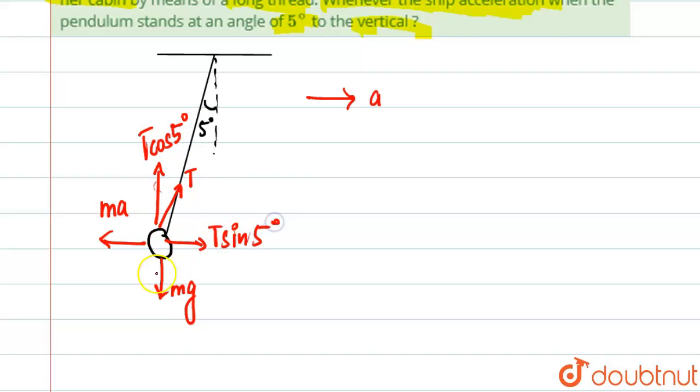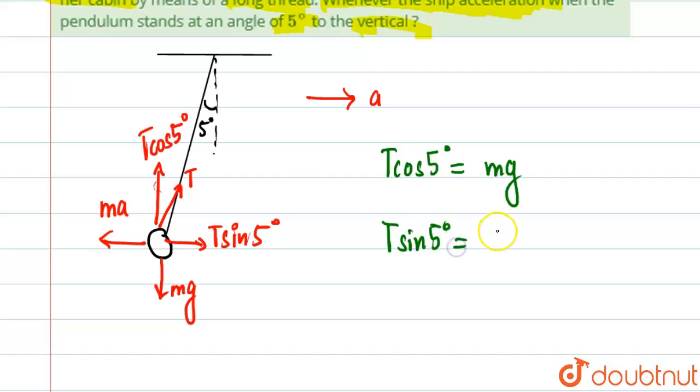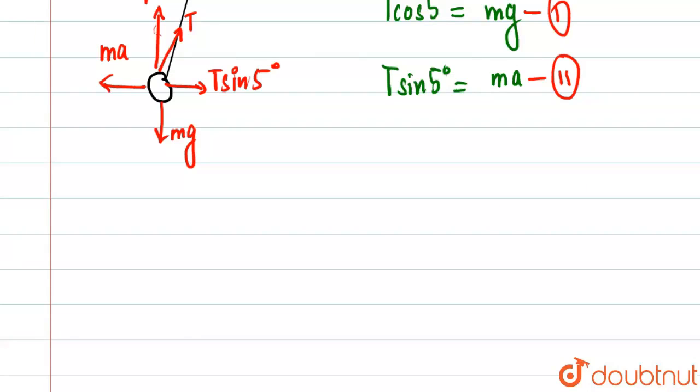Since this bob is at rest, T cos 5 degree must be equal to mg. Also T sin 5 degree must be equal to ma. Now we will divide these two equations, 2 divided by 1.